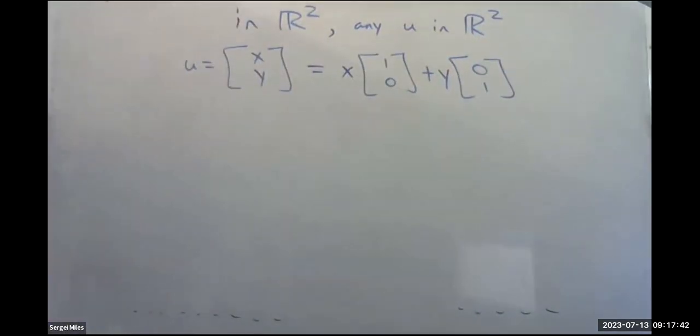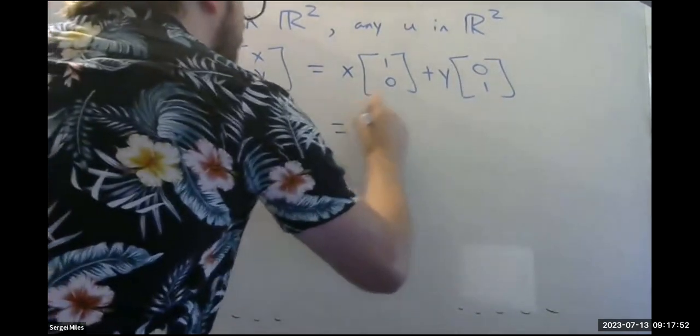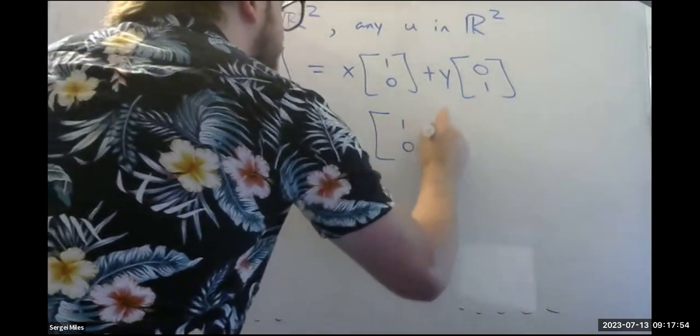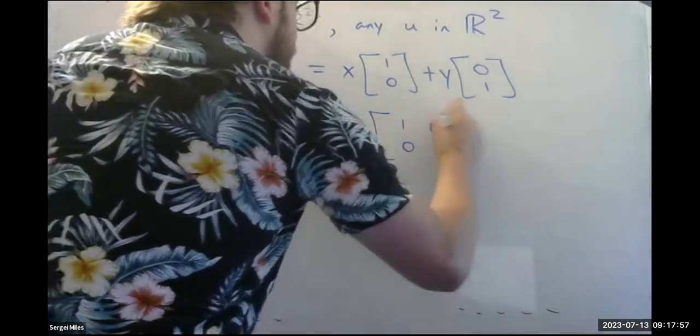right? But notice this linear combination I can also rewrite as matrix multiplication. What is this multiplication then? Well, this is the matrix 1, 0, 0, 1 times the vector x.